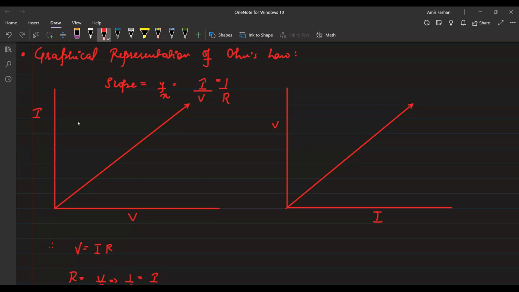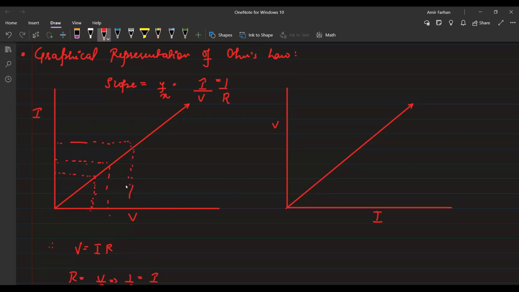This is when the value of I is taken on the y-axis and the voltage is taken on the x-axis. Clear? Now tell me, the statement of Ohm's law says that current is directly proportional to the potential difference across it. At every point, if your current is increasing, your voltage, your potential difference, is also increasing.